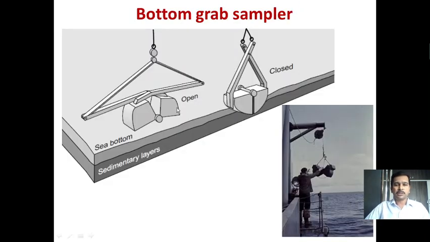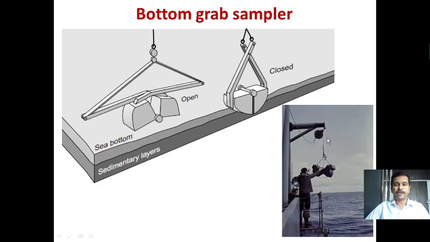So this is a schematic representation or a diagrammatic representation of a bottom grab sampler. This will be tied to a crane, and by means of the crane this will be released to the bottom of the sea. You can see here the sea bottom, and this is the sedimentary layer which is present. From here exactly you have to collect the sample. So assume a person is using this particular device to collect the sediment sample from the sea.